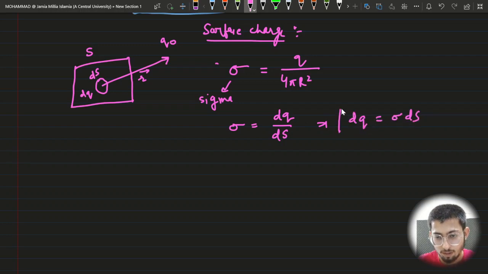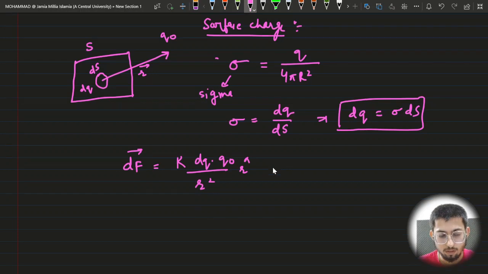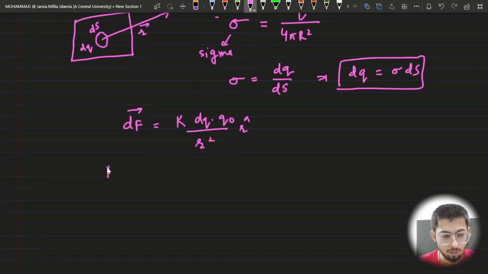Everything else we are doing with the same analysis. So now we will find dF, the small force, which is k dq q naught by r square, r cap, right? And the whole force F will be the integral of dF, which will be the integral of this thing.